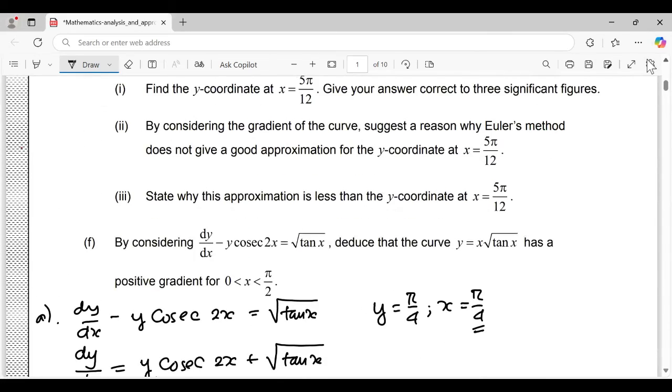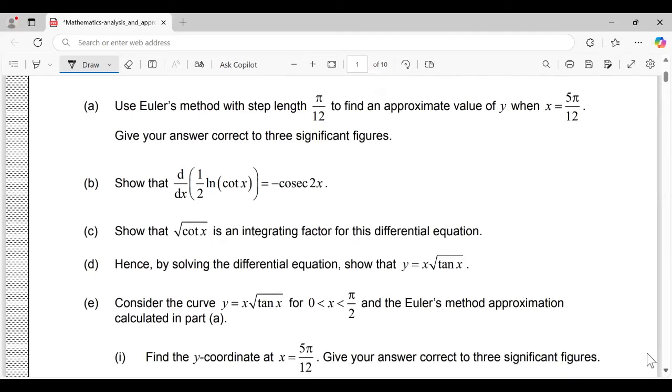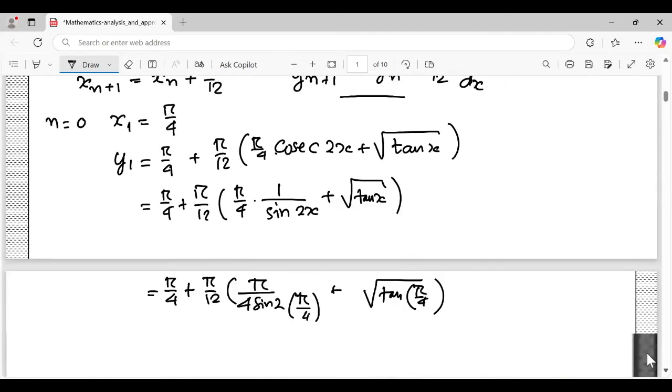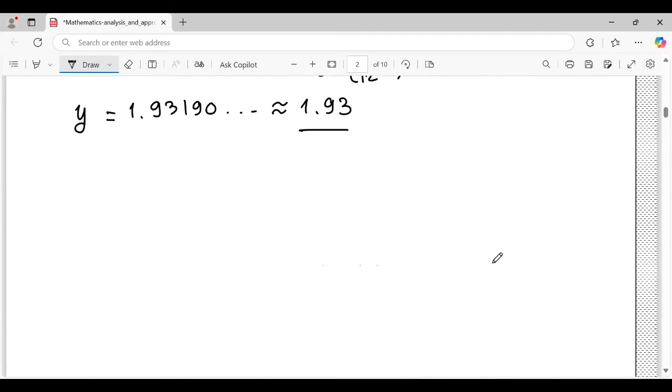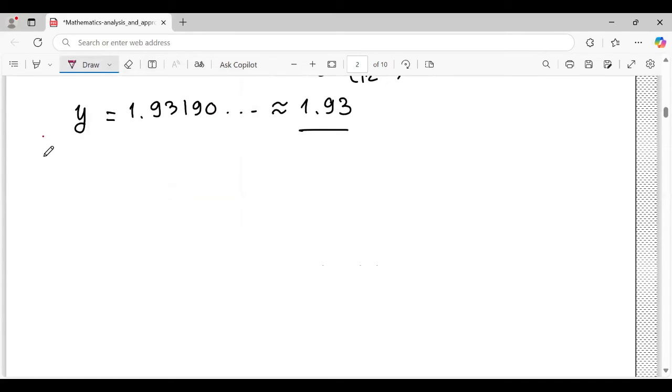Next, part D. Show that the derivative of half ln cotangent x equals minus cosecant 2x.